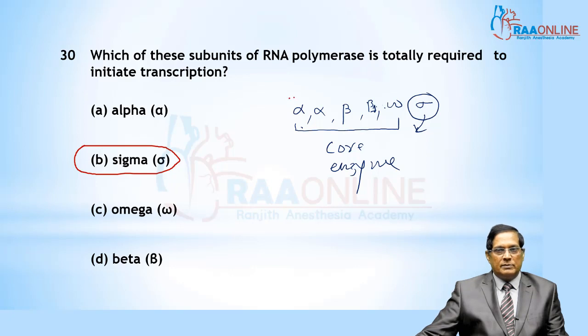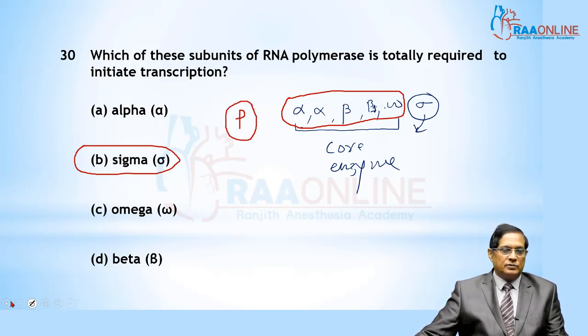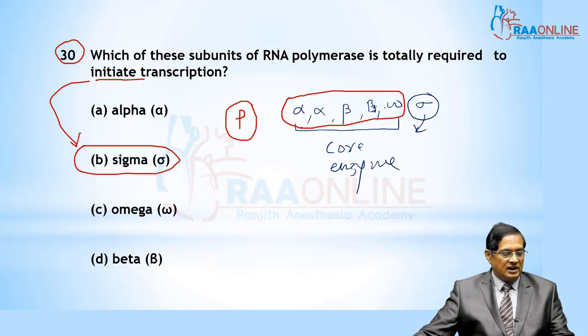Termination signals are given by the rho factor. Rho factor is responsible for termination. This is the role of the different chains in question number 30. When the question asks which initiates transcription, sigma factor is the correct answer.